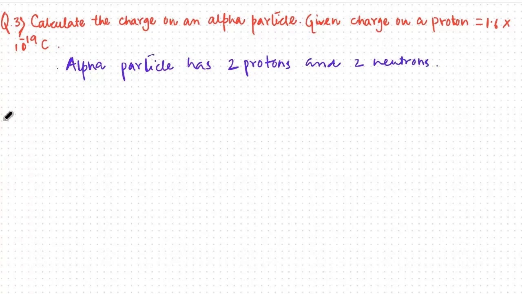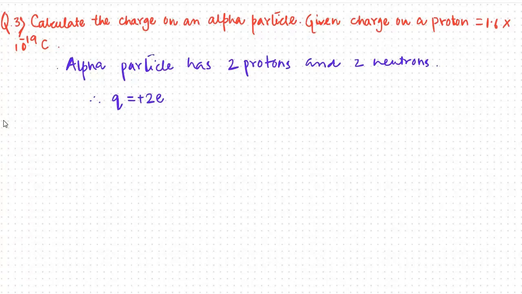And we know that all atoms or all particles have equal number of protons and equal number of electrons, right? So 2 protons mean 2 electrons. So we can write, that means the charge of an alpha particle is 2 into e, right? And that should be positive.